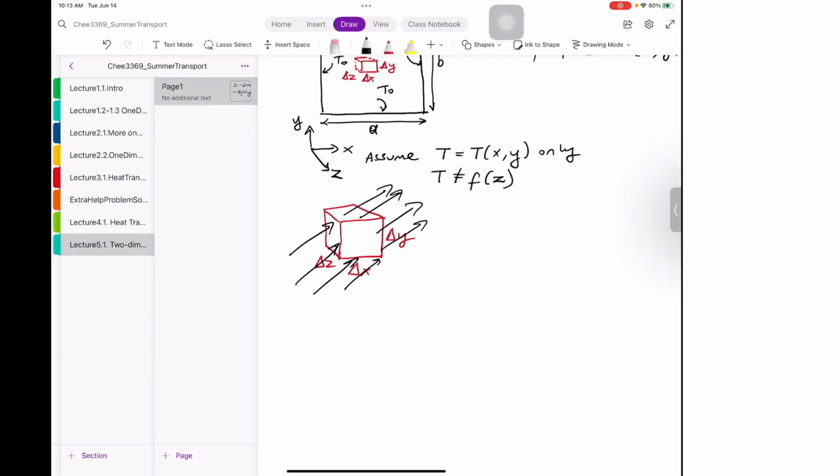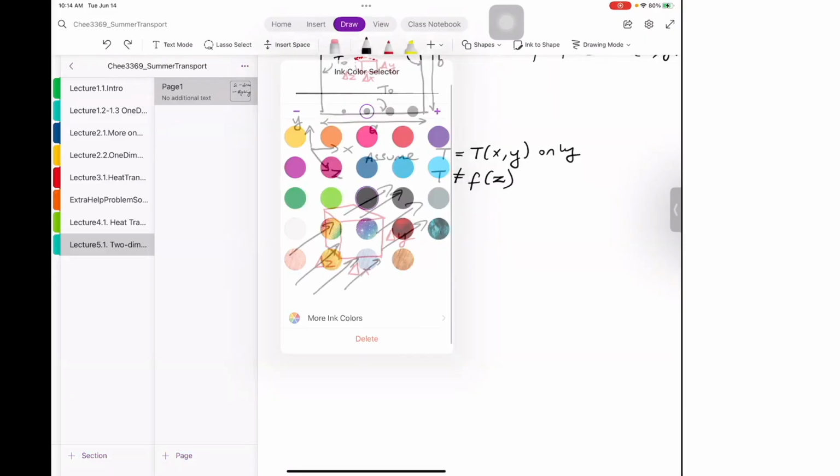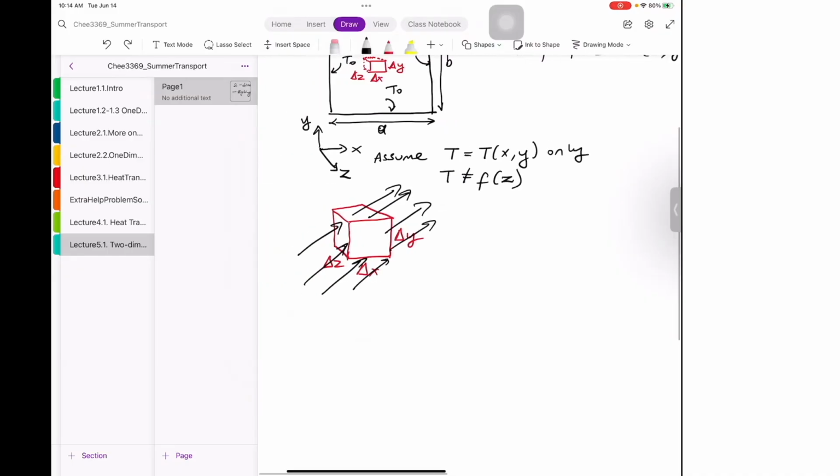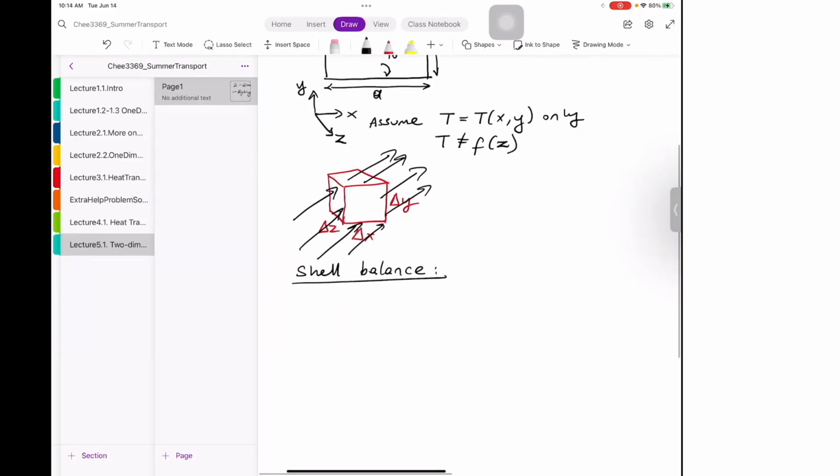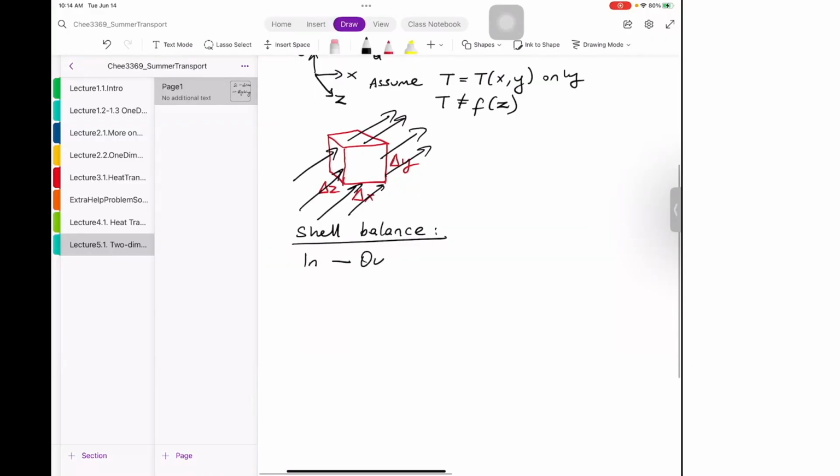So it's entering on the face which is perpendicular to the x-axis, and also the face which is perpendicular to the y-axis. If you do the shell balance, as we always do, in minus out plus generation is equal to accumulation. And it's at steady state.